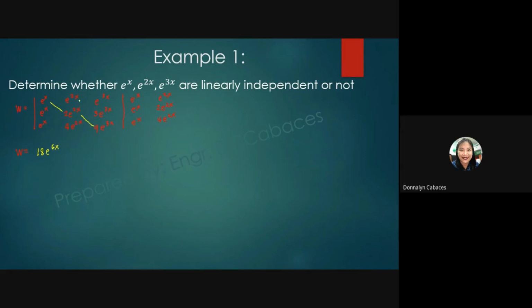And then the next term, e to the 2x times 3e to the 3x times e to the x, that is 3e to the 6x. Then the next diagonal, e to the 3x times e to the x times 4e to the 2x gives us 4e to the 6x.